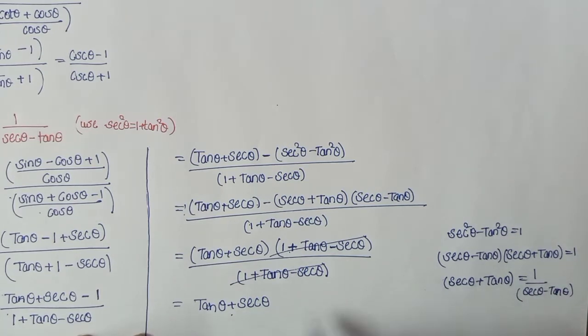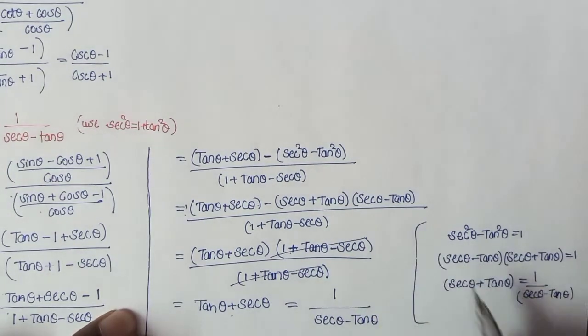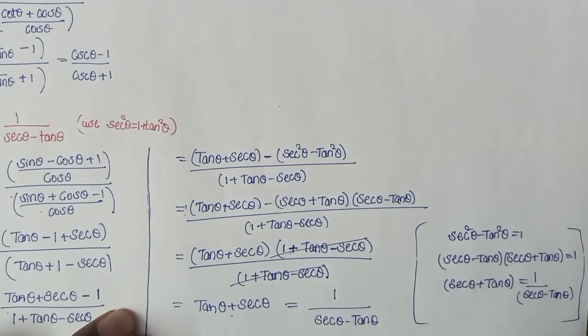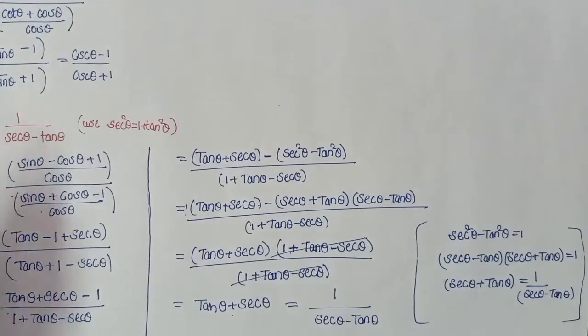So tan theta + sec theta, that is sec theta + tan theta, is equal to 1 by (sec theta − tan theta). So this is the answer. We have shown that this is equal to 1 by (sec theta − tan theta). Okay, we'll do the next problem.